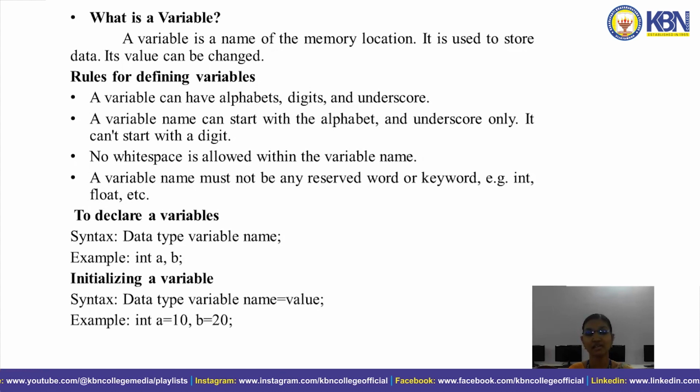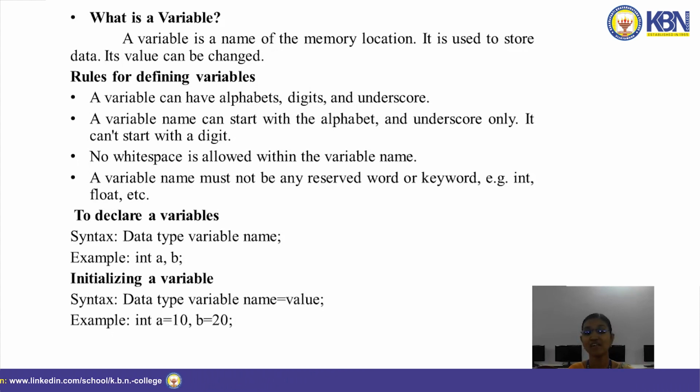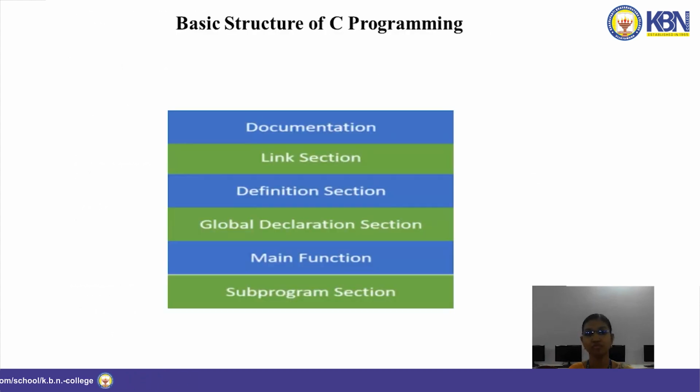Let's see the syntax: data type, variable name equal to value. Here an example: int a equal to 10, b equal to 20. We previously declared the variables a, b. In those variables we are initializing values, meaning we are assigning a value to the variable.